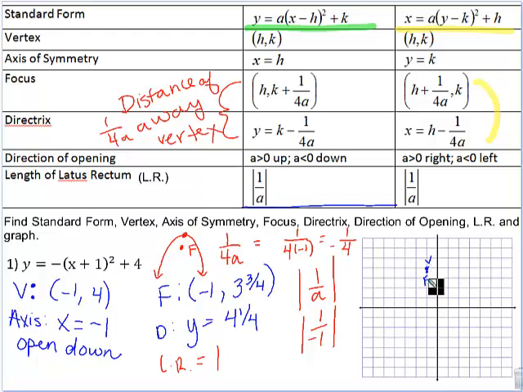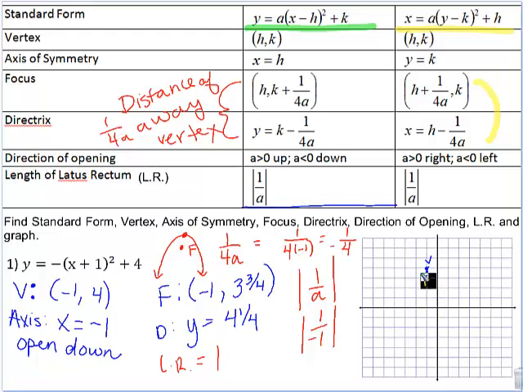Then the length at the focus is a total distance of 1. How do we know what a total distance of 1 is? It's not 1 in both directions, it's a total of 1. So we want a total distance of 1, so a total of like one of these boxes.